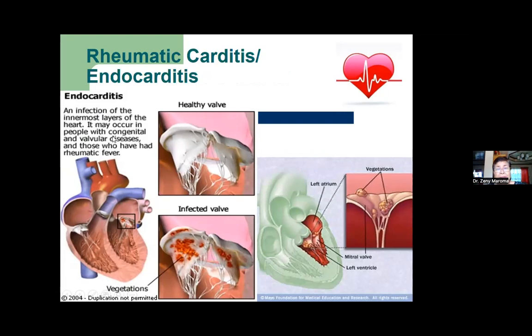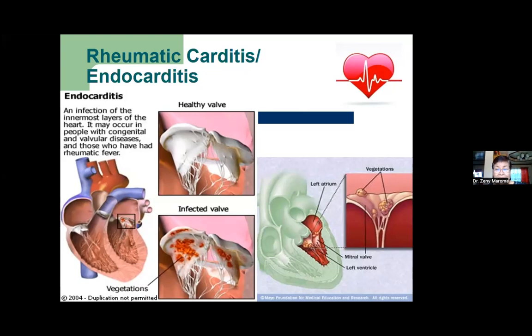It may occur in people with congenital and valvular diseases or those who had rheumatic fever. So those who had exposure to GAB, nagkaroon ng valvulitis and valvular defects. So therefore, that is acquired. Diba?